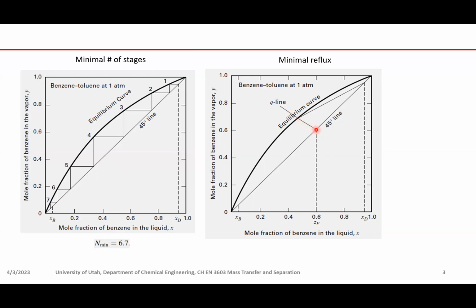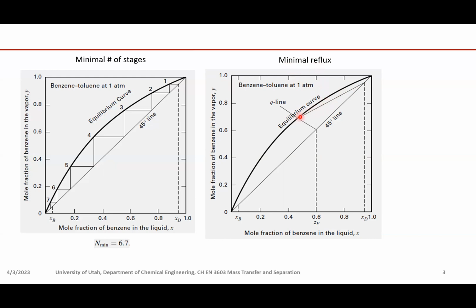And that Q line will cross the equilibrium curve, and we find this intercept point. And we know at minimal reflux, the operating line will also cross this point. So then we can just connect this point with the distillate point. That gives us the operating line for the rectifying section under minimal reflux.